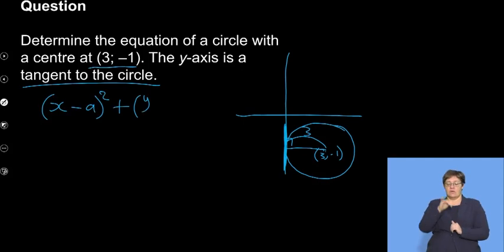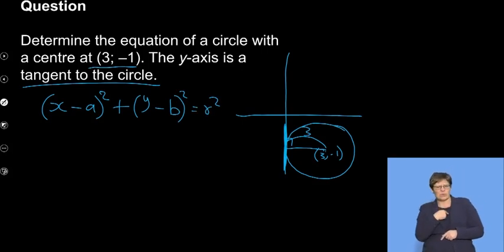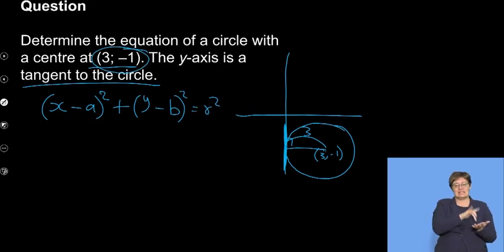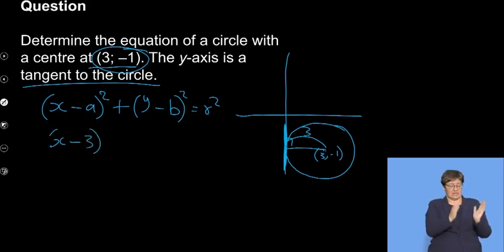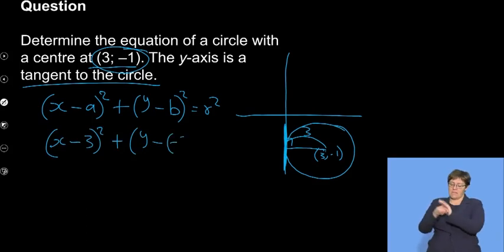And then while I'm writing it, I want you to think about, why am I now using this one and not the x squared? Yes, I know you thought of it. It's because the center is no longer at the origin, right? And then it's x minus 3 all squared plus y plus 1 all squared.